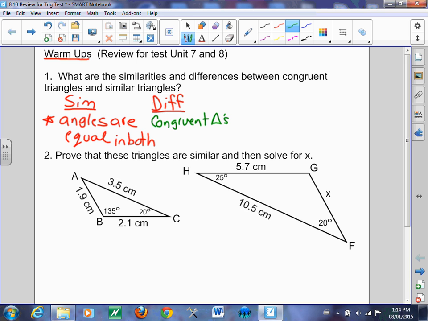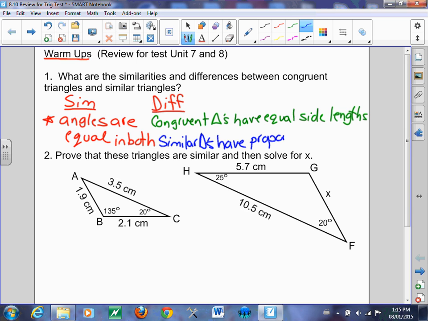Congruent triangles have equal sides or side lengths, which differs from similar triangles, where similar triangles have, and you need to remember these two words, proportional ratio sides. Side lengths.